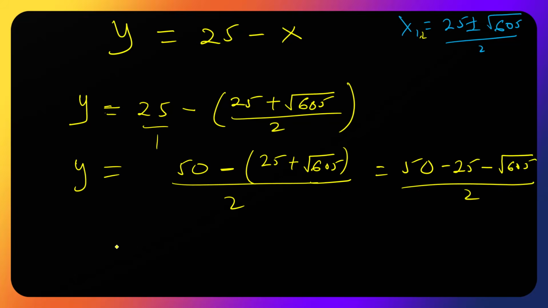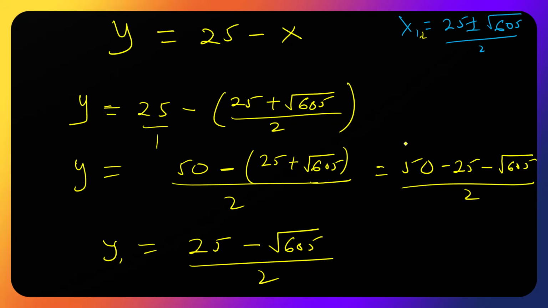And that will be, so this side will be 25 minus the square root of 605 on 2. So when x is plus, y will be this.